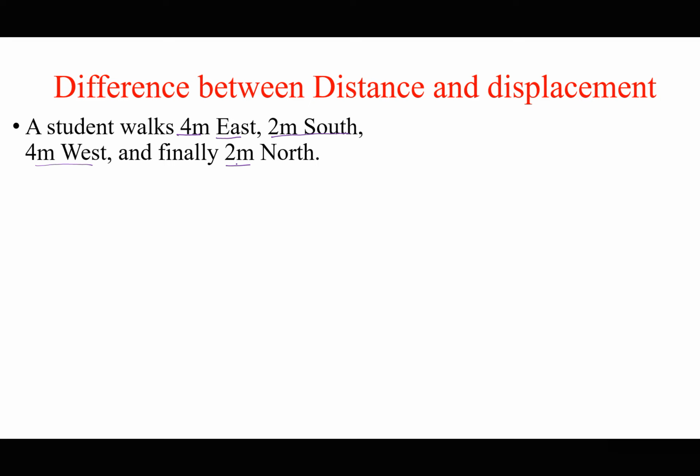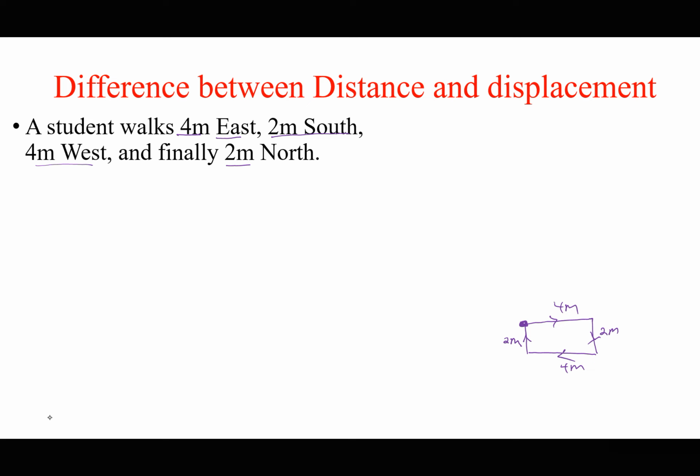If you were to sketch the path of this student, you'll notice that he has moved 4 meters east, 2 meters south, 4 meters west, and then 2 meters north. So he has come back to this same point here.